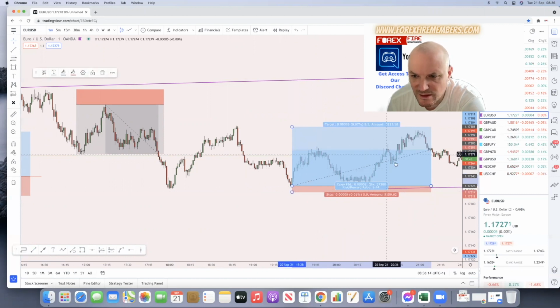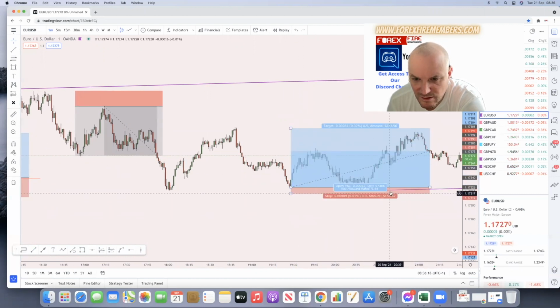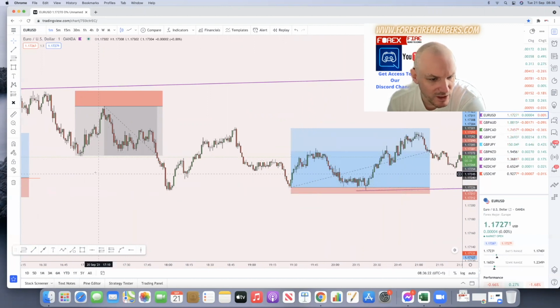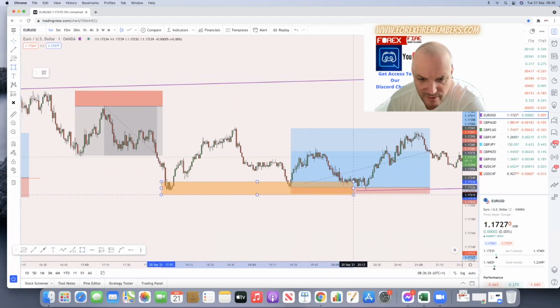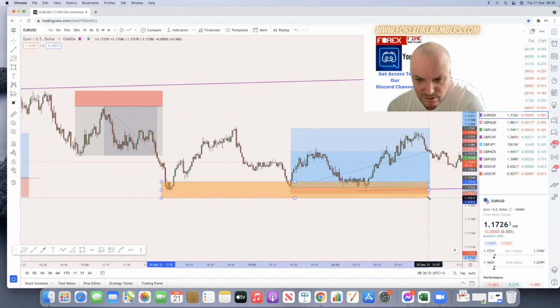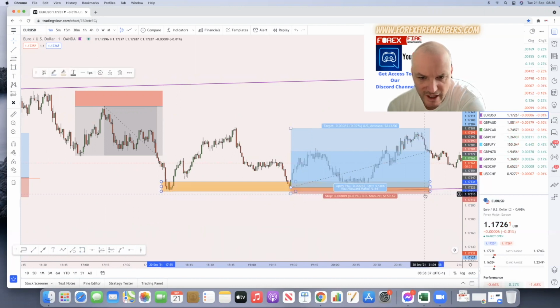Down to there. There's a 1 to 9 when you look at it, because you've got a structure here. Okay. Let's take a look at this. There's your structure there.